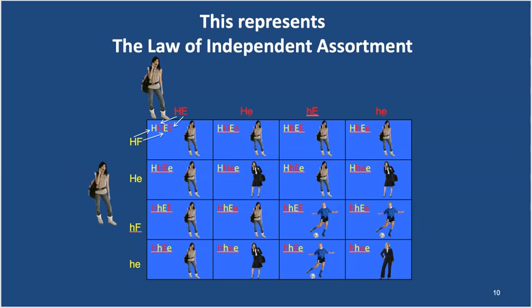So it turns out that this all represents the law of independent assortment. And I'll talk a little bit more about this with an example in the final video for this module. But basically, the law of independent assortment says that when there are two different traits on two different chromosomes, they're going to assort independently. I think you actually already saw this word when it came to meiosis.